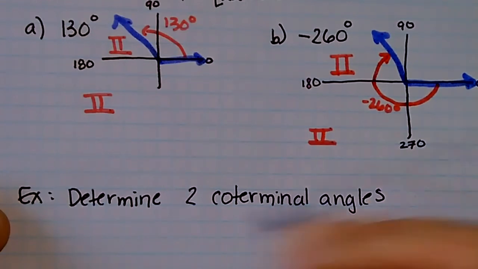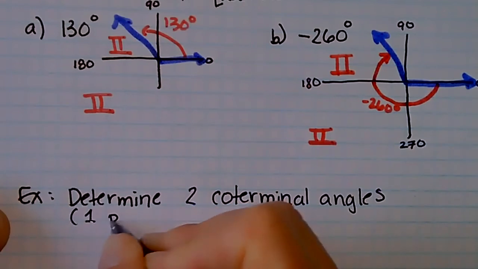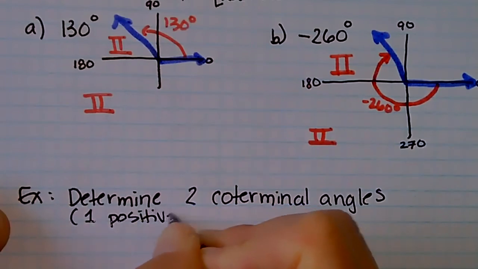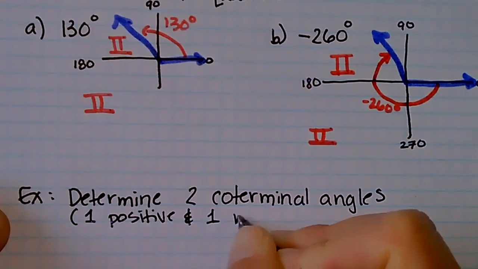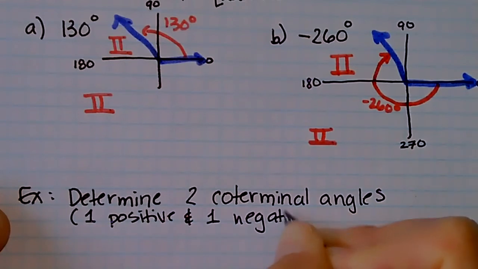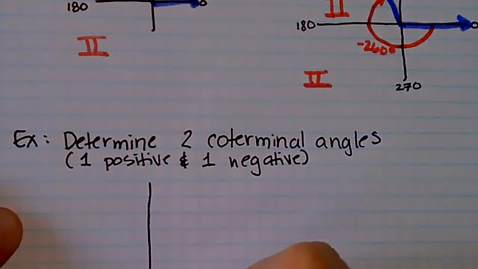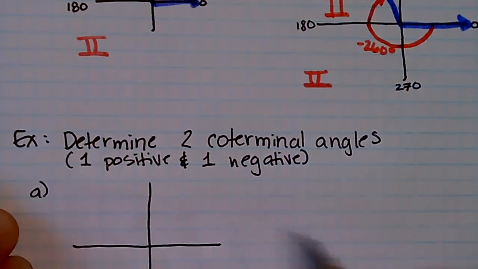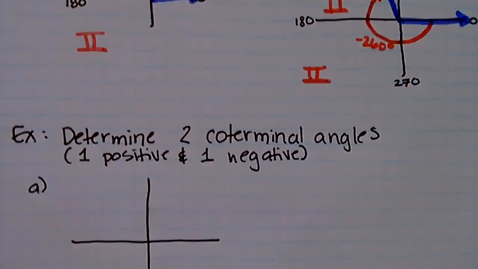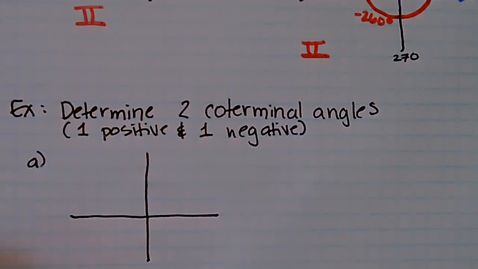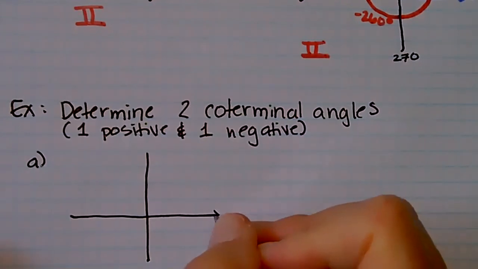And what they're going to want is one positive and one negative. Okay. So in this picture, draw a picture. They might give it to you in a picture. I'll do one that's in a picture. I'll do one that's not in a picture. So let's say in the picture, they give us this.